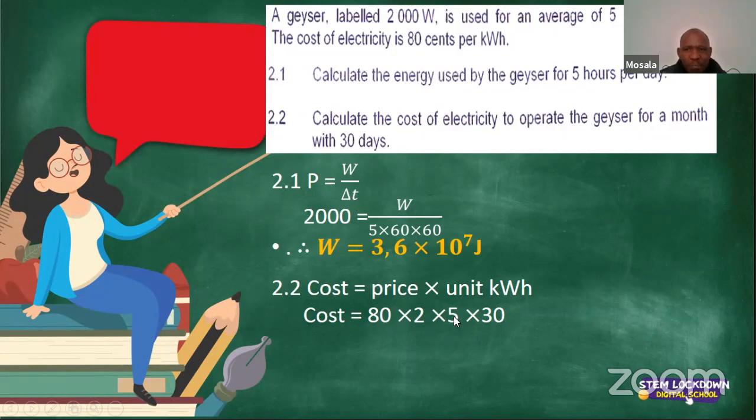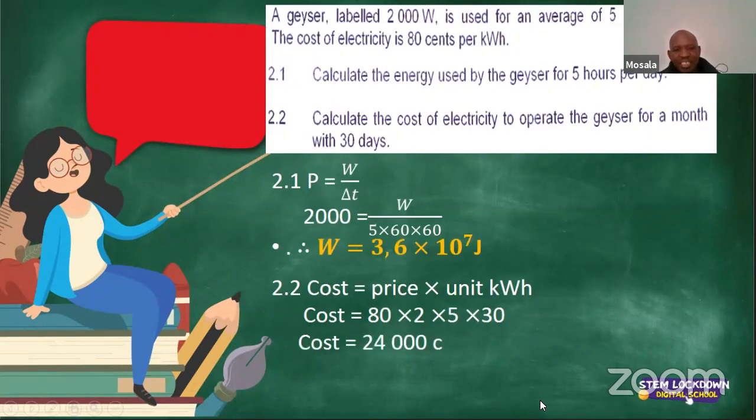And then multiply by how many hours? 5. In how many days? 30 days. So the price is 80 cents multiplied by the unit kilowatt hour. So kilo means 1,000, so it's multiplied by 2,000 watts, which is 2 kilowatts, and 5 hours, multiplied by 5, in a month with how many days? 30.